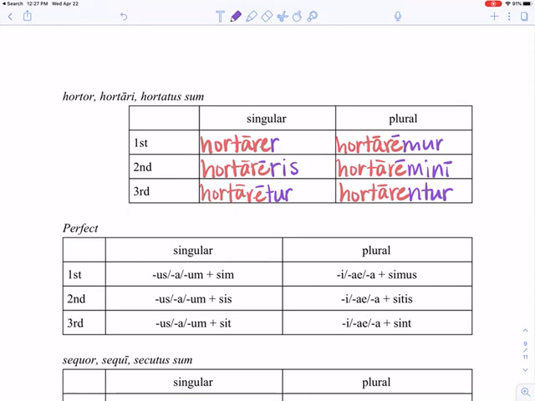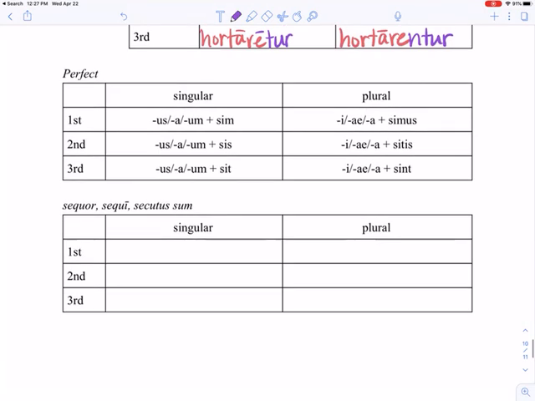Okay, so remember, again, subjunctive has no future tenses. So no future and no future perfect. So we just have to worry now about perfect and pluperfect. Okay, so this time, remember we're using our fourth principal part with these various endings.